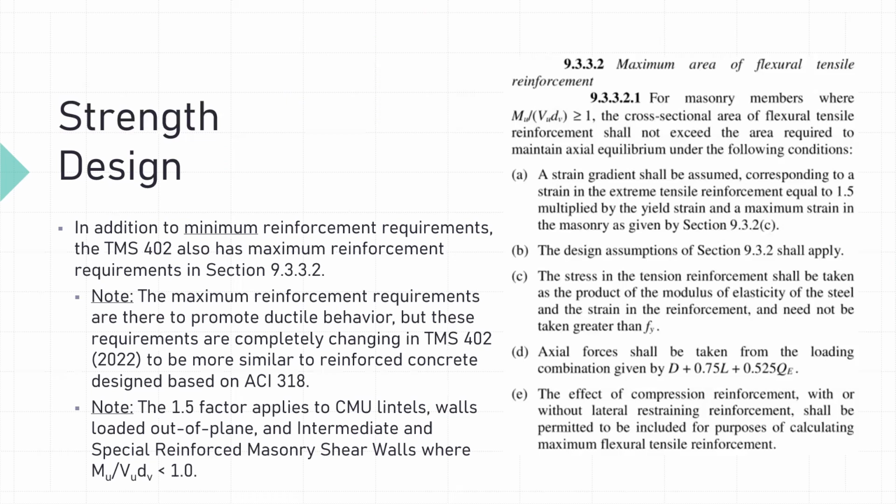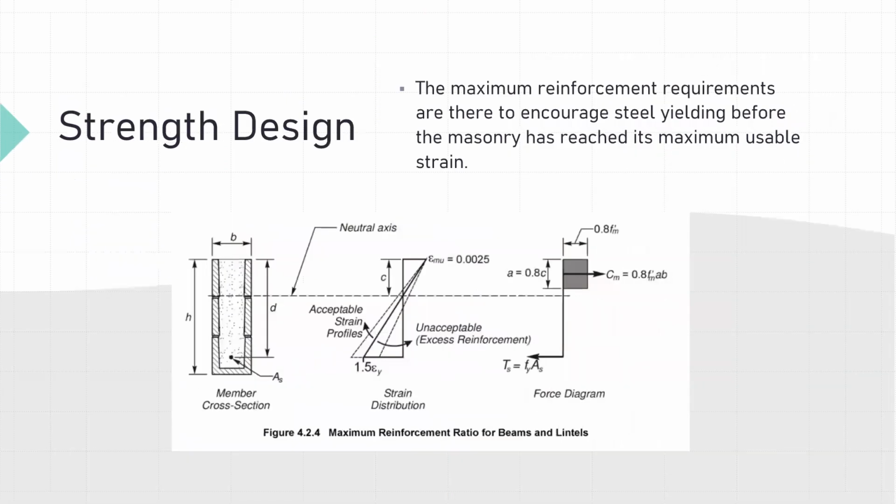And so we'll talk about this, but essentially in this diagram from the design of reinforced masonry structures, this is what we are trying to do to ensure that we have ductile behavior. So our acceptable strain profiles are greater than 1.5 times our yield strain.